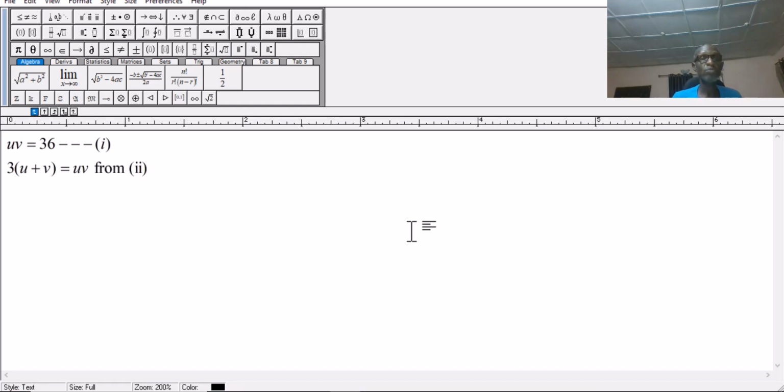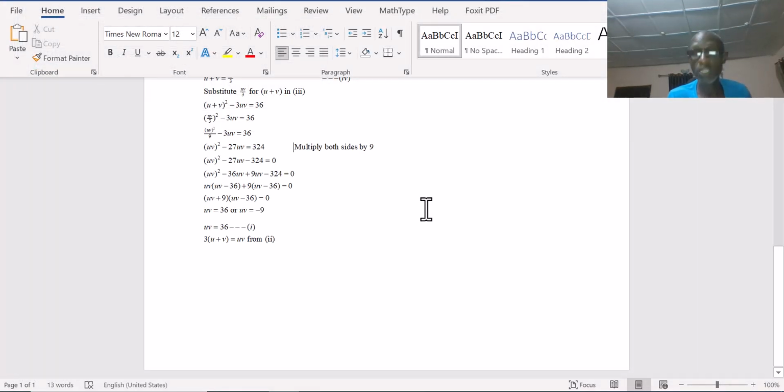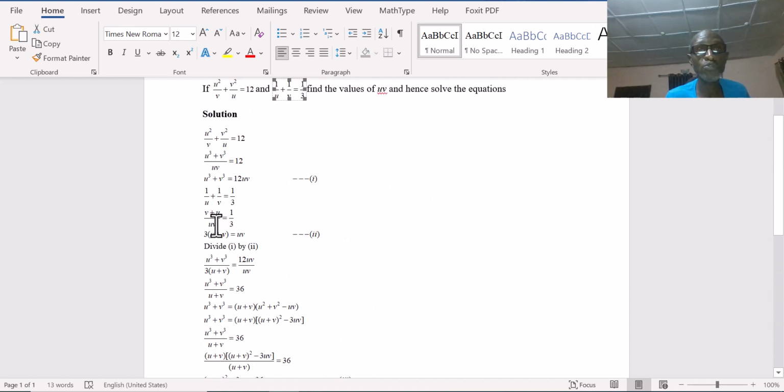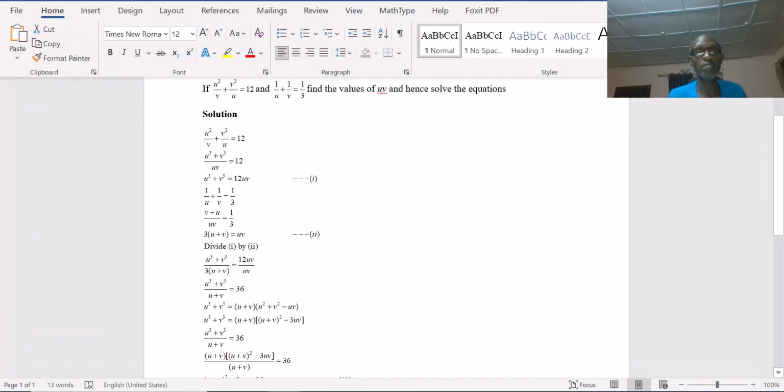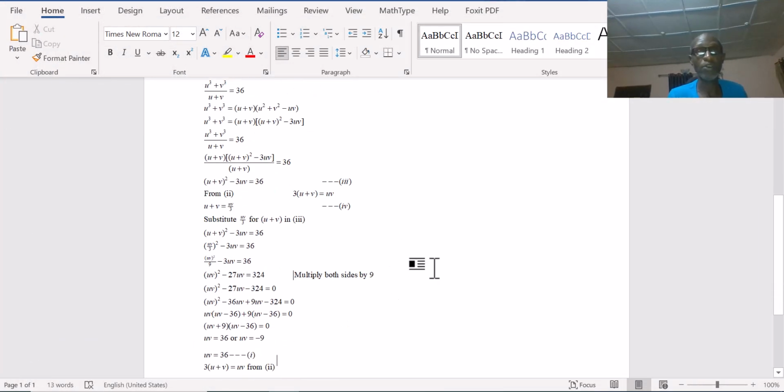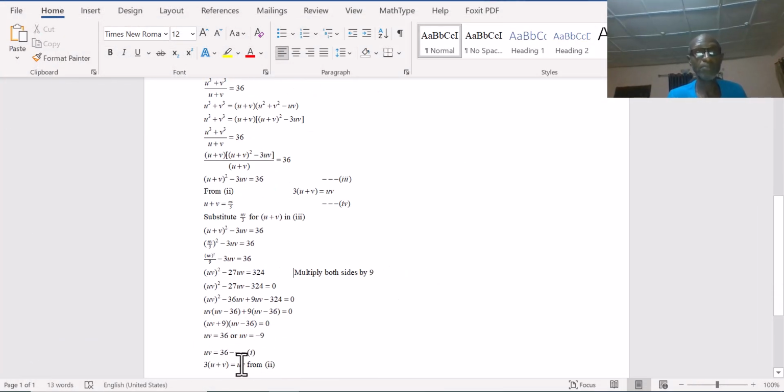So that you will see what I'm doing, if we go up from 2, our 3 into u plus v equals uv. So we have these two identities that we have been able to find.